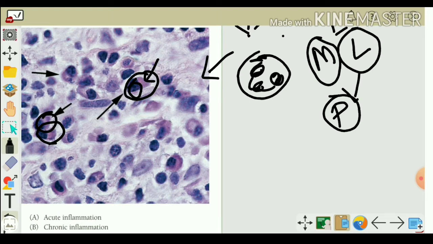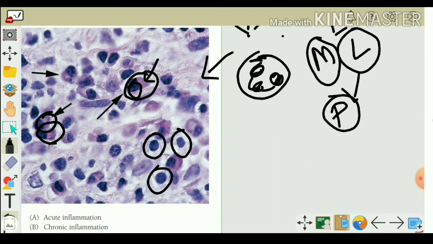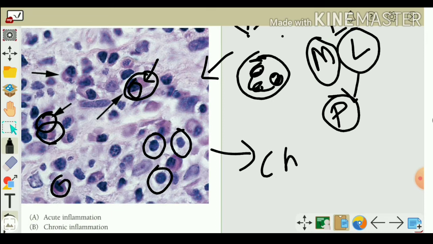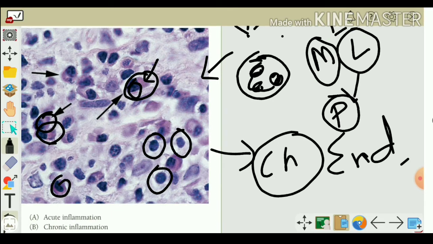If I try to find the lymphocytes, I can see here is a lymphocyte, here is a lymphocyte, because in a lymphocyte the nucleus is slightly bigger, so the nuclear to cytoplasmic ratio is higher. So a large nucleus, and here I can find the macrophage. So it is a case of chronic endometritis. The lady is suffering from chronic endometritis.